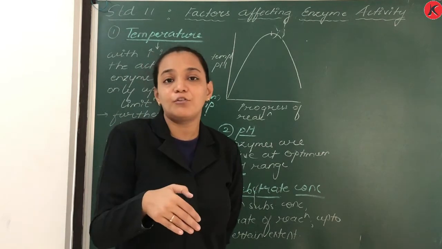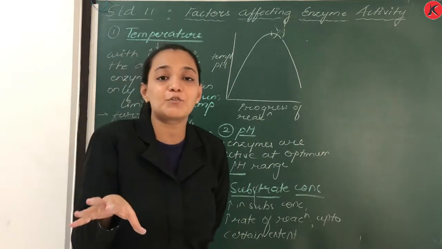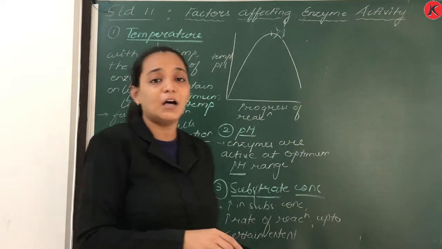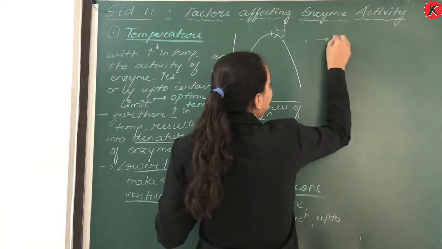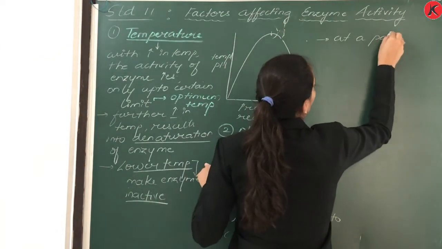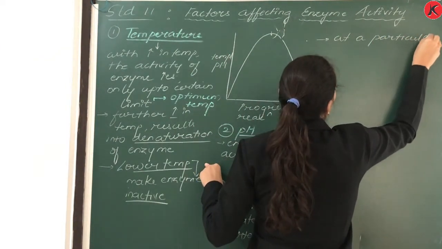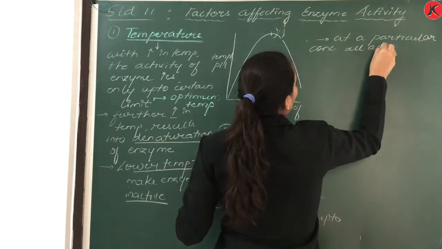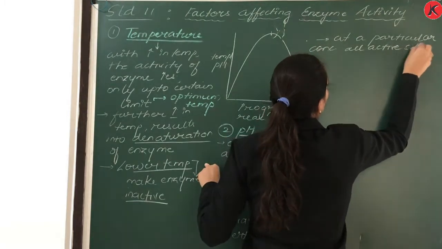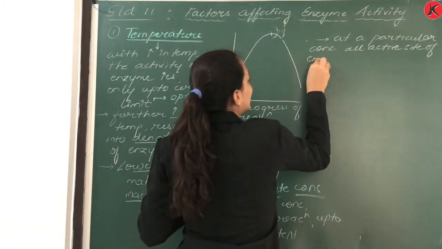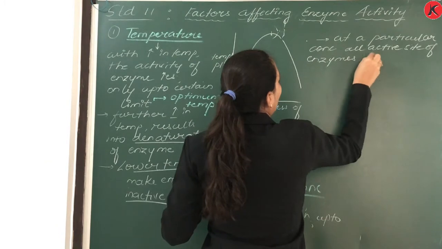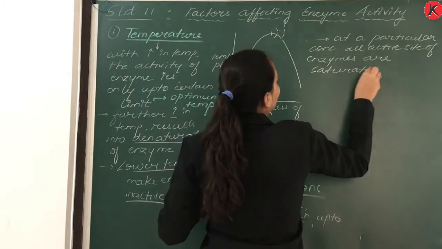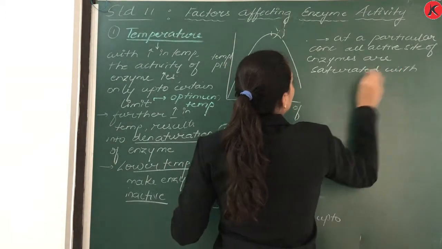So after saturation, if you keep on adding substrate in the medium, it is not going to increase the rate of the reaction, because at a particular concentration all active sites of enzymes are saturated with substrate, right?